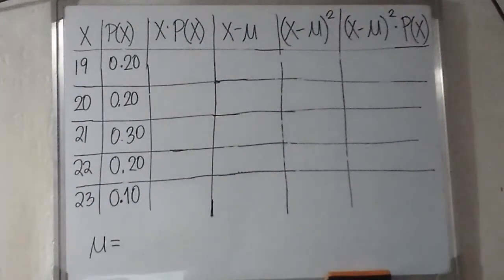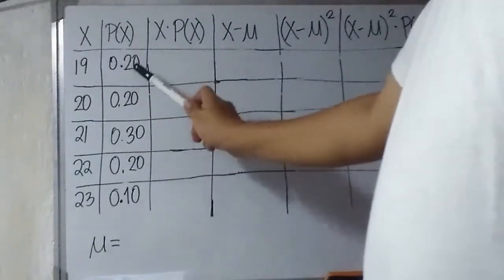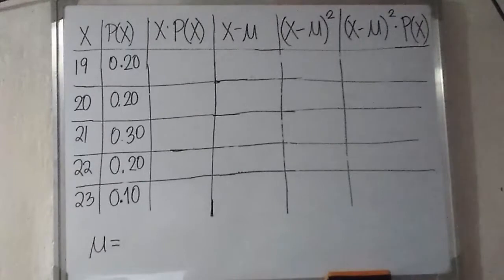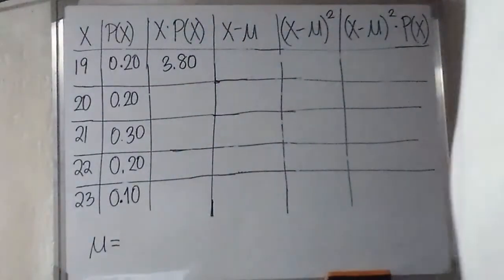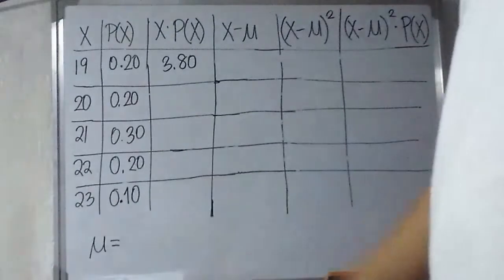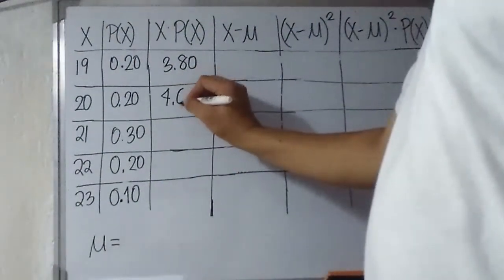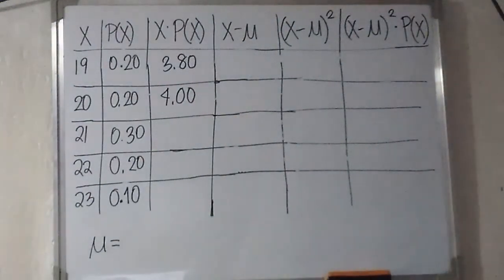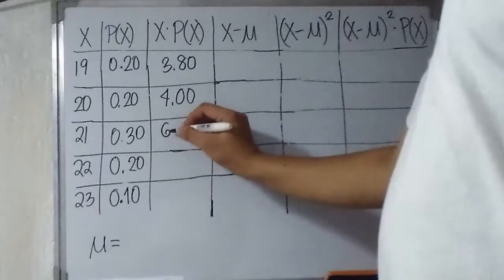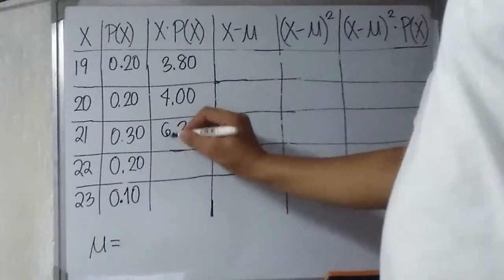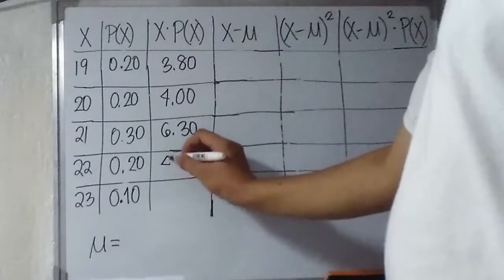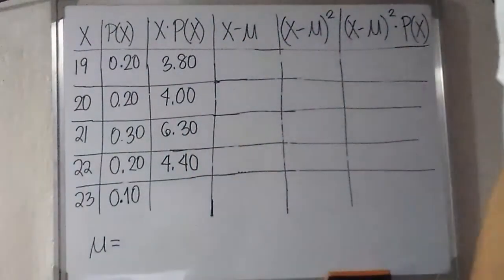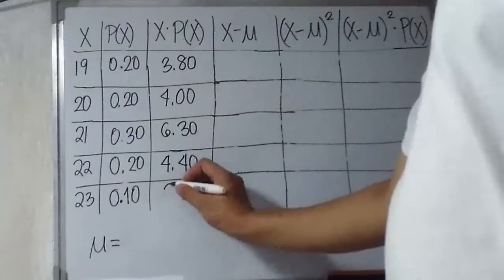So let's now first multiply the random variable by the probability. 19 times 0.20 is 3.80. 20 times 0.20 is 4. 21 times 0.30 is 6.30. 22 times 0.20 is 4.40. 23 times 0.10 is 2.3.